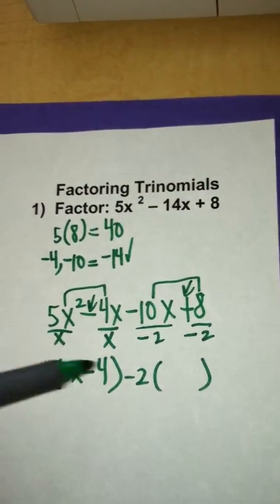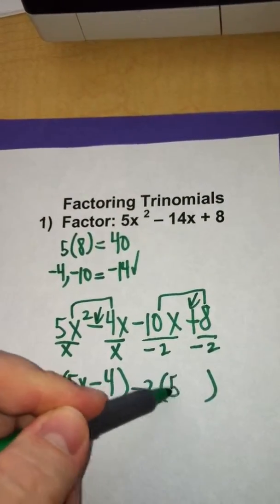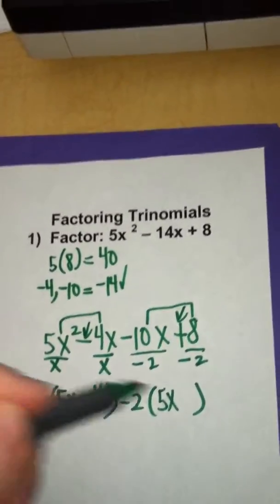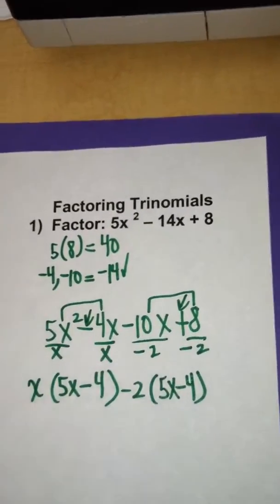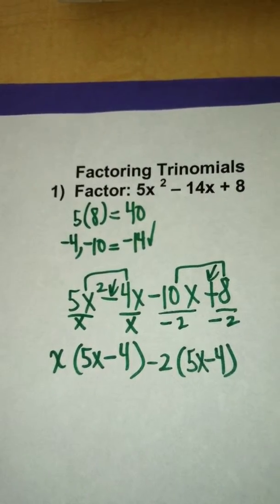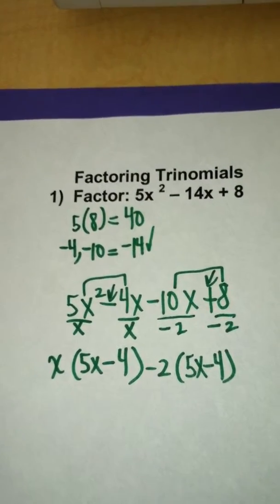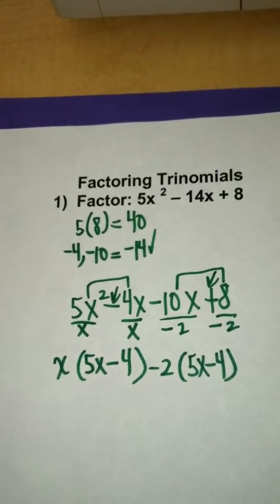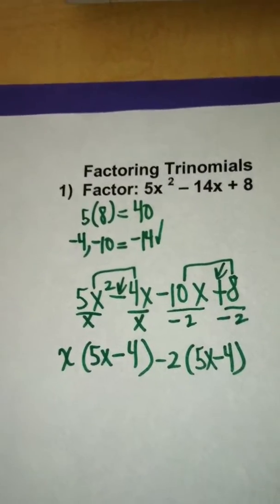So we're left with 5x minus 4. If you have the same expression in both parentheses, that is a good sign that you factored correctly.